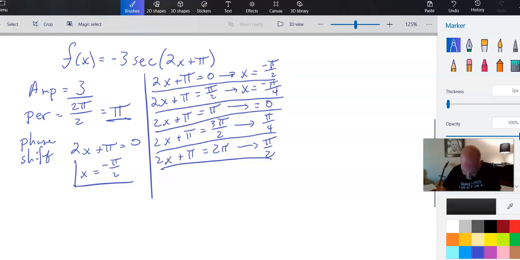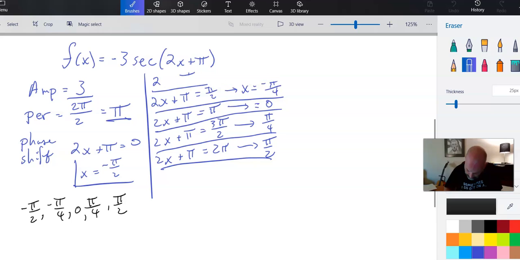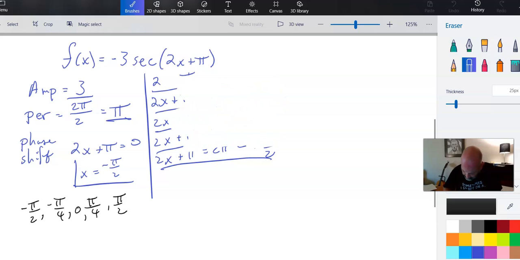So let's see, how do I want to do this? In fact, let me just do this. I'm going to write them down and then erase that. So it's negative pi over 2, negative pi over 4, 0, pi over 4, and pi over 2. So those are my new anchor points.